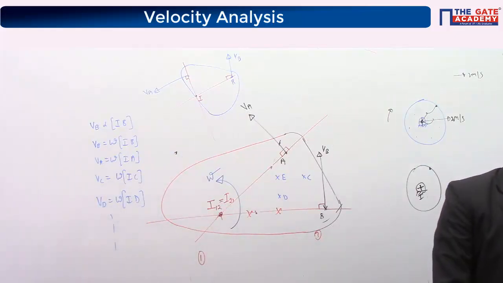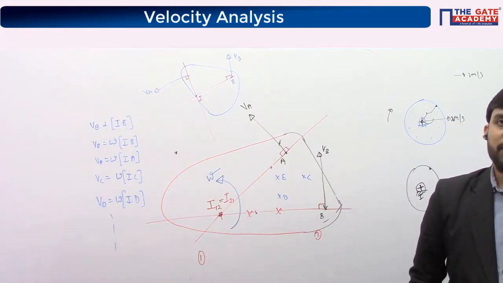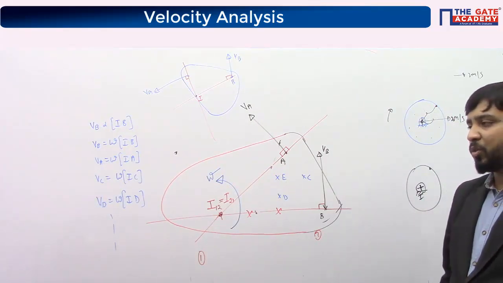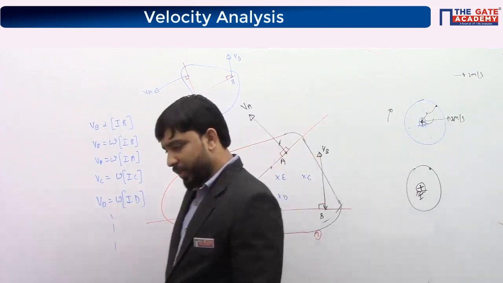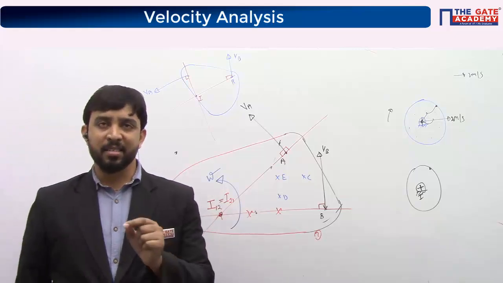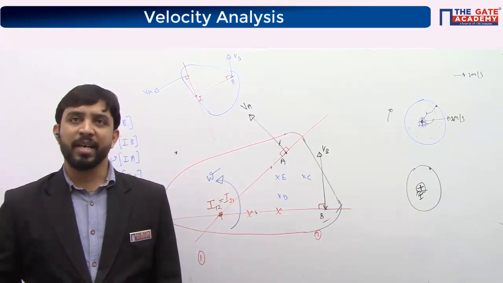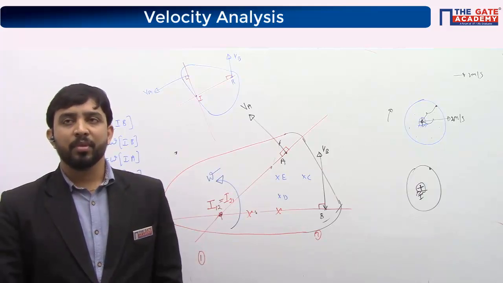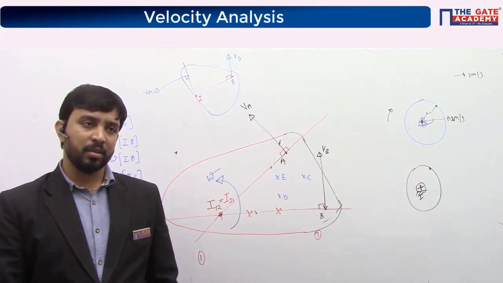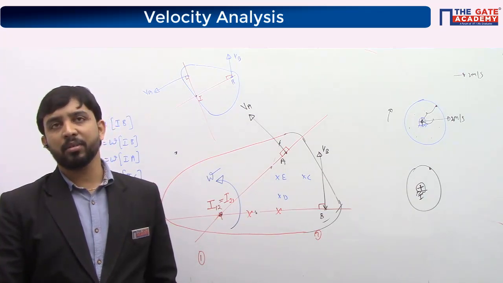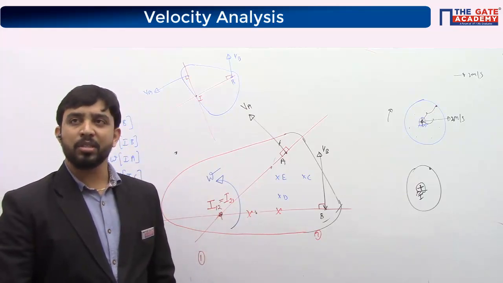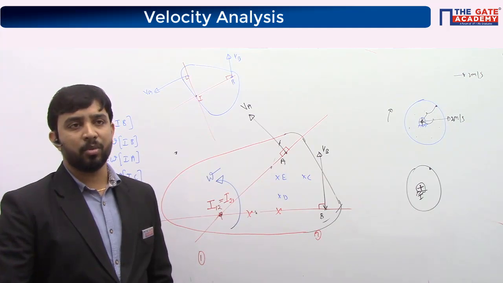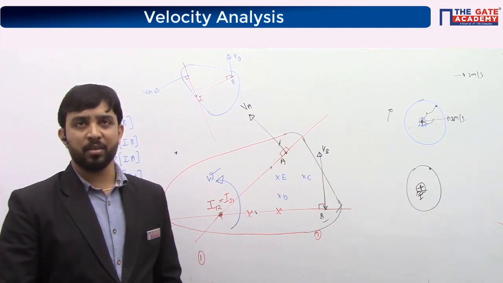Is that a point on body 2 which has zero relative velocity with respect to a coincident point on body 1? That is the common I center.